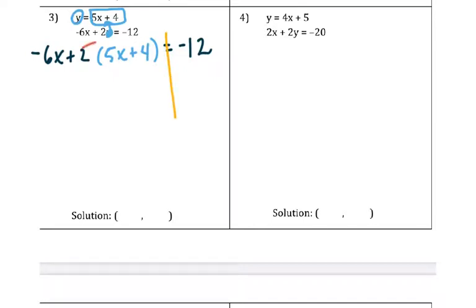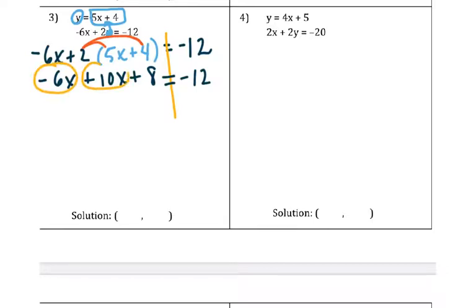Okay? So now it's just a one variable equation. We're just solving for x, just like we did last week. So to solve for x, I have a negative 6x. I distribute: 2 times 5 is 10 with an x, 2 times 4 is 8, and it equals negative 12. In the last video last week, we combined like terms.